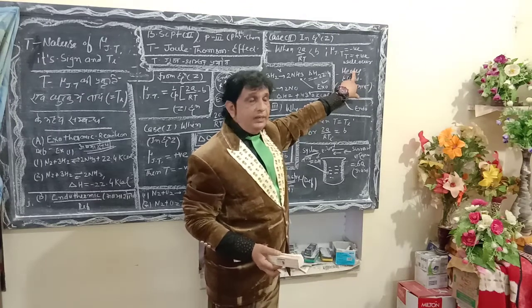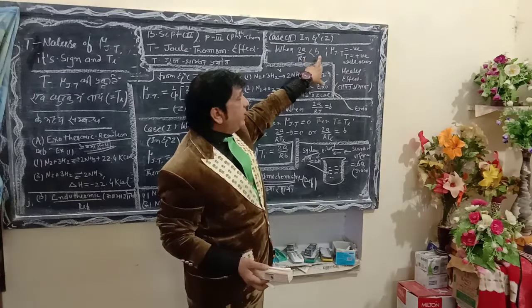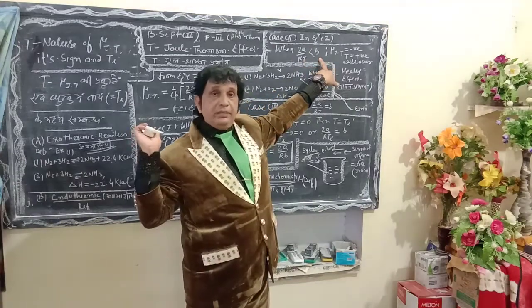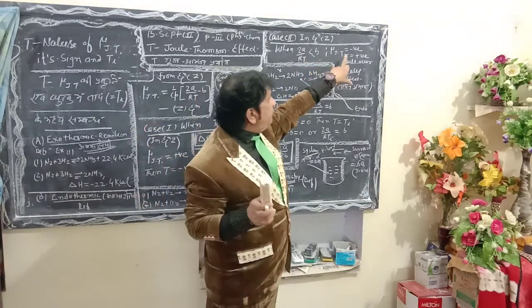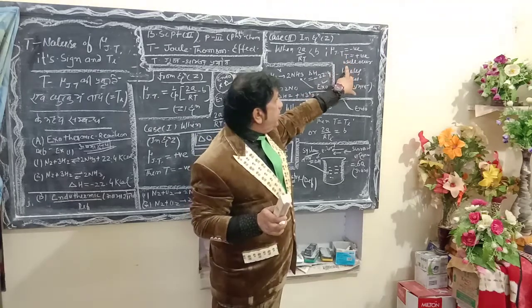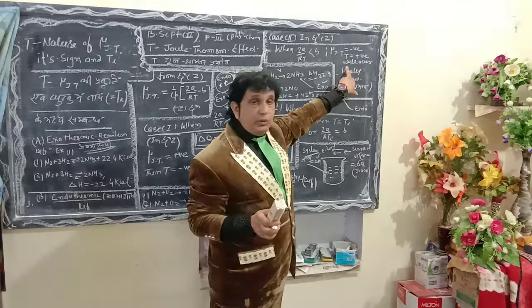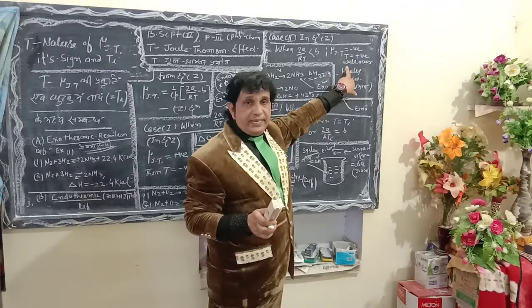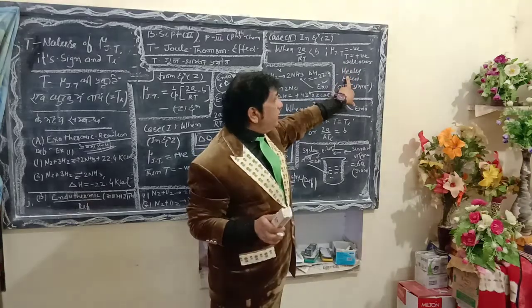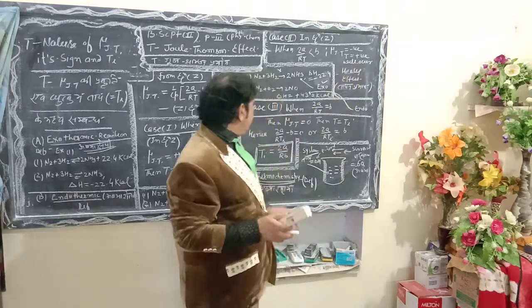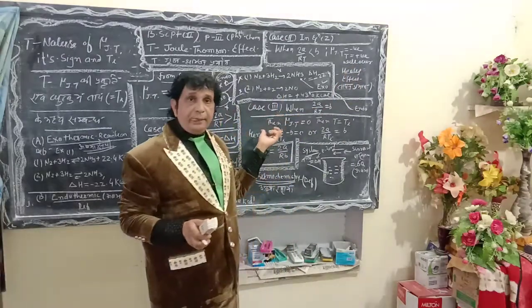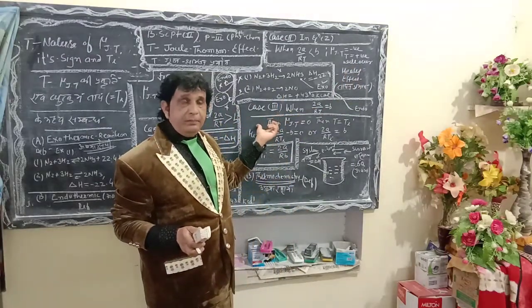When 2a upon RT is less than b, in equation Z, mu-J-T will have its negative value, and temperature a positive value due to its reciprocal presence here. That means a heating effect will occur. Let us proceed further with these cases one by one.